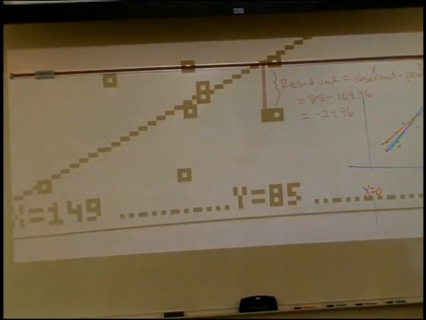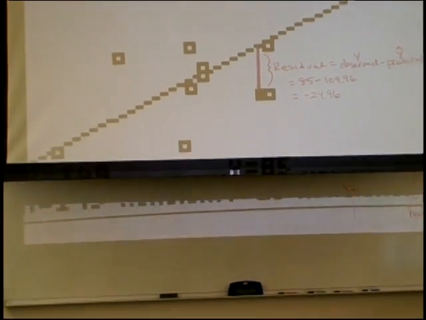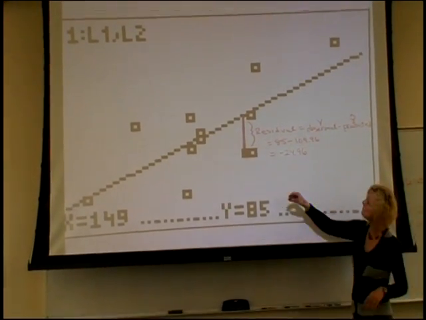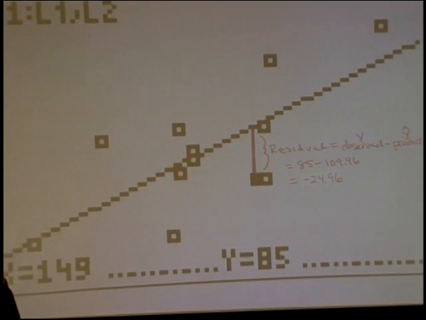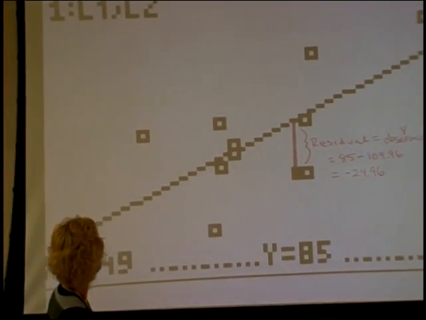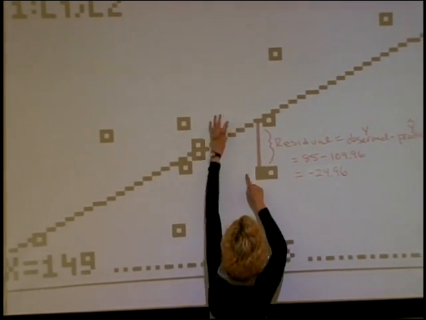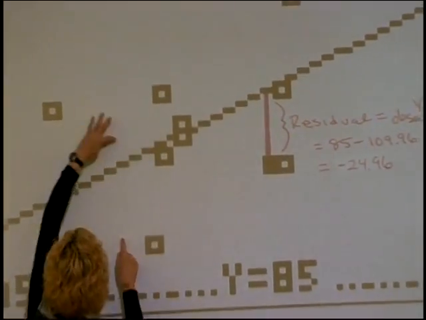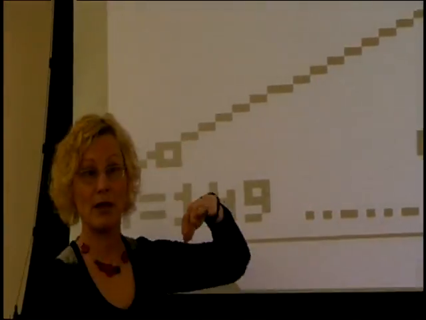The thing we're trying to minimize here is the vertical distances between each point and the regression line itself. Okay? So here is the scatter plot of the bare data, from my calculator, and all of these vertical distances between each point and the line are called residuals. They're the error involved.